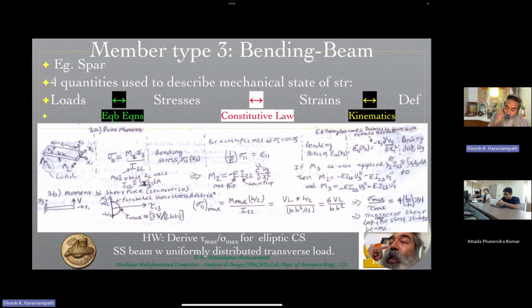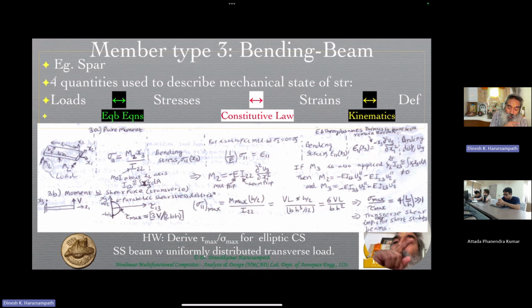Just like in the previous examples, for the axial bar, it was not directly an F1 to U1 relationship, but F1 to U1 comma 1, the partial derivative with respect to X1. On the other hand, in the torque problem, again, it's not a direct relationship between M1 and Phi1, but Phi1 comma 1, the first partial derivative with respect to X1 of the twist. So the twist rate came into the picture. Here, what we have is not the first derivative, but something slightly more complicated, which is the second derivative.